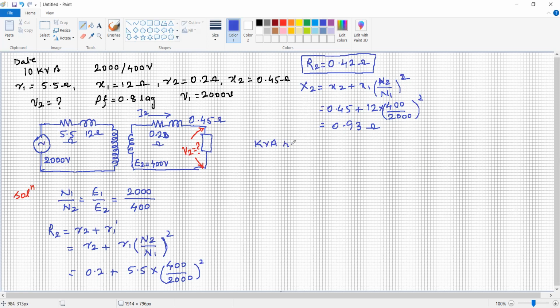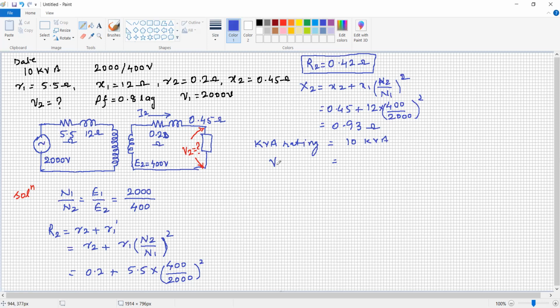Now what is the kVA rating? The kVA rating as given is 10 kVA. It is a single phase transformer, so with V1 we are going to find the current. The current on the primary side we can find, and from this we can refer to the secondary side.